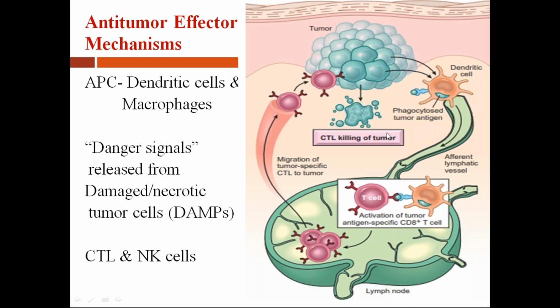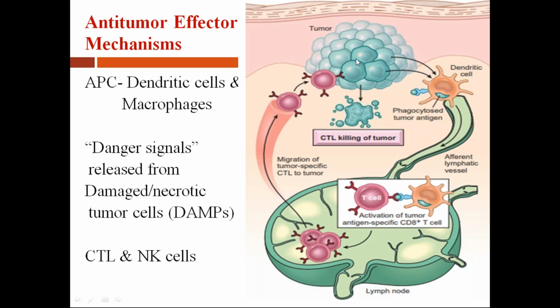So these signals interact with the dendritic cells and the macrophages. Following the interaction, the dendritic cells in turn send signals to the nearest draining lymph node, and it stimulates the T lymphocytes such that they migrate towards the tumor tissue.